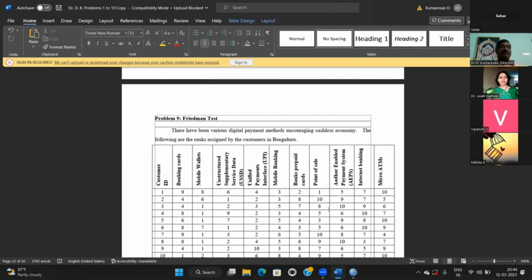Then two independent sample test is Mann-Whitney U test. K independent samples test is Kruskal-Wallis test. Two related samples, Wilcoxon test. K related samples, Friedman test. Then similarity or equivalence.